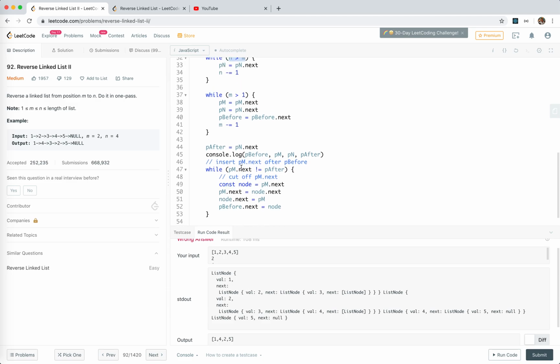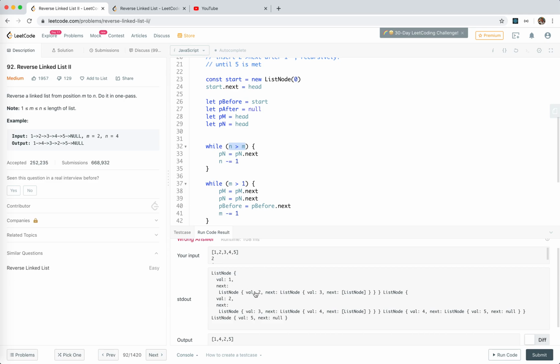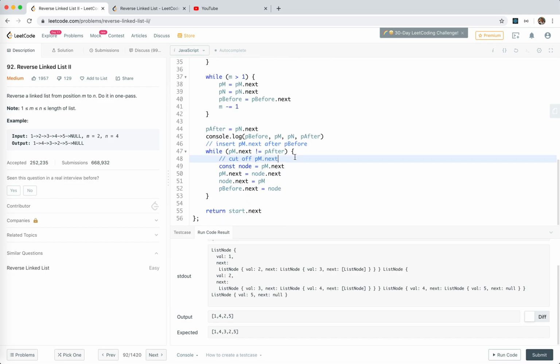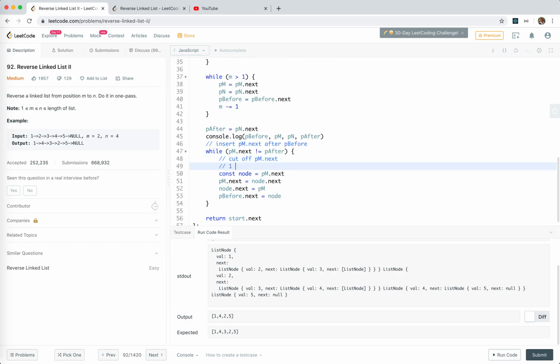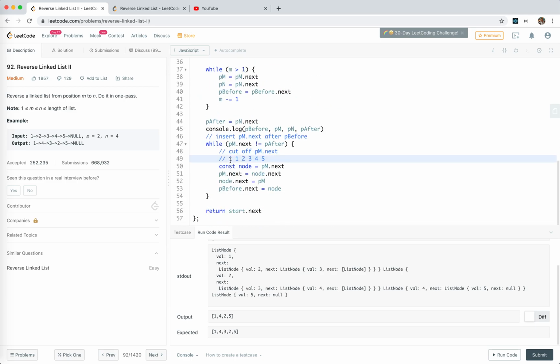We will cut off PM next. Node is PM next, is 3, 1, 4, okay. I'll say 1, 2, 3, 4, 5.